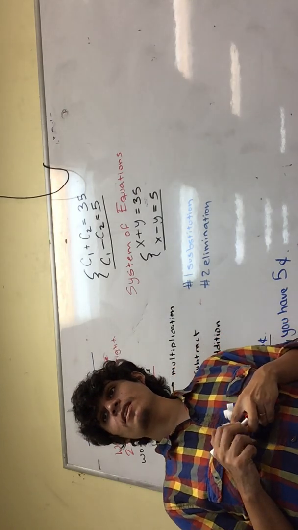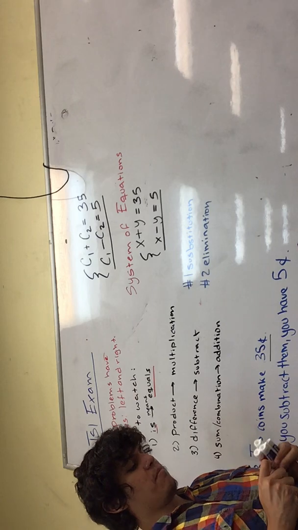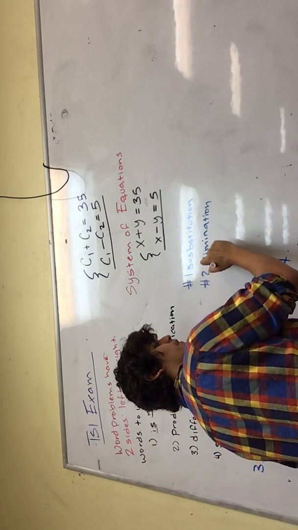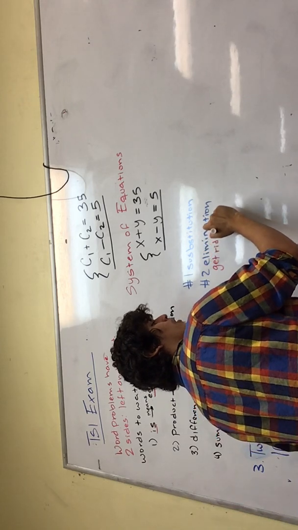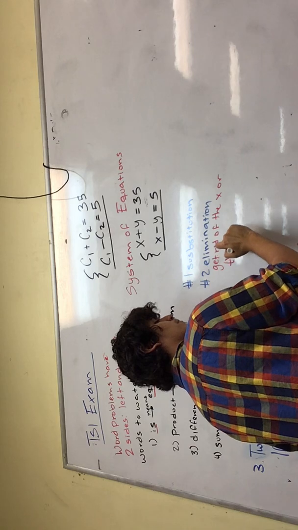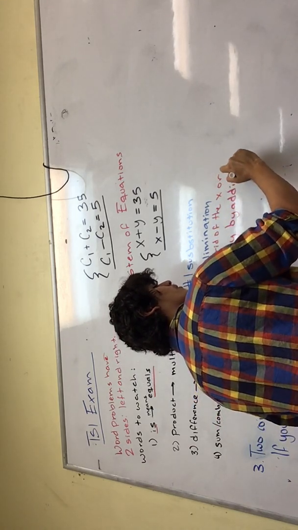So the best thing that you can do here is process number 2, which is elimination. Elimination means get rid of the x or the y by adding the equations.